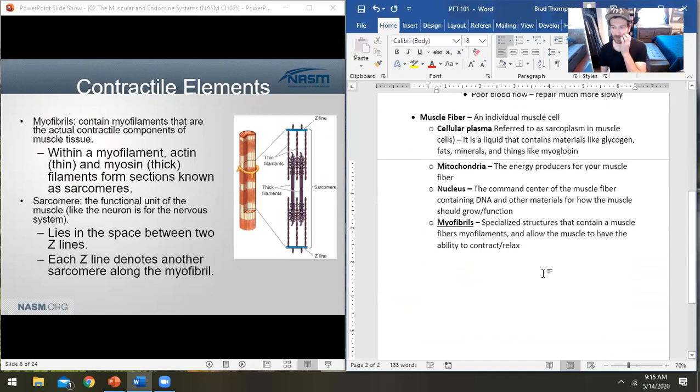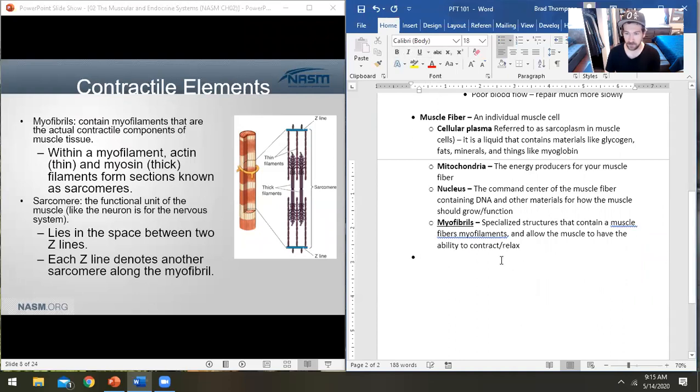So your myofibrils are these little areas that contain your myofilaments, right? And myofilaments is what we're going to talk about next. Myofilaments are the special proteins that I mentioned earlier, right? We have all these specialized little proteins that allow our muscle cells to shorten and lengthen. And we've got to look at those and understand those. So we're going to go over them in their own little section here.